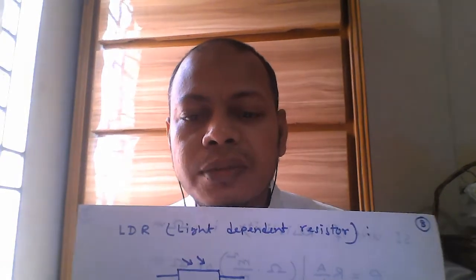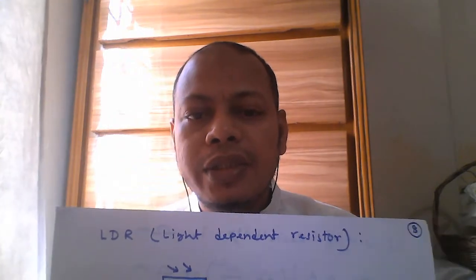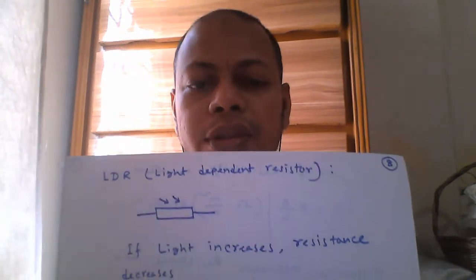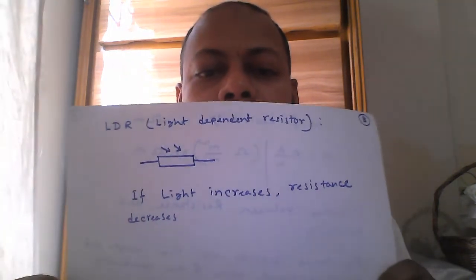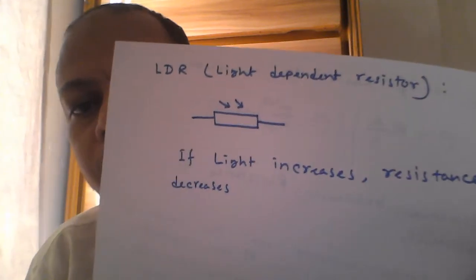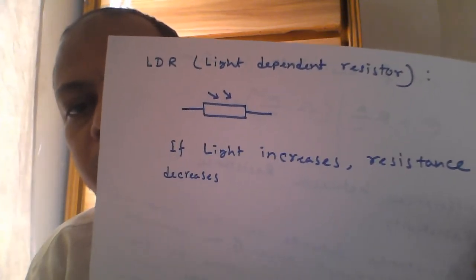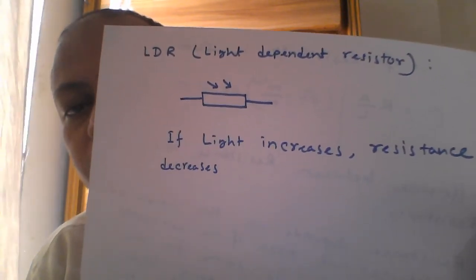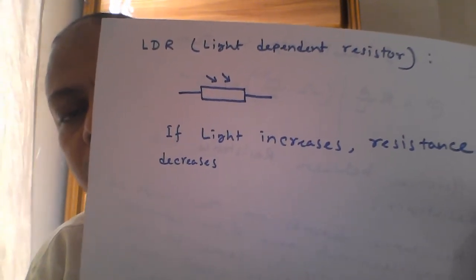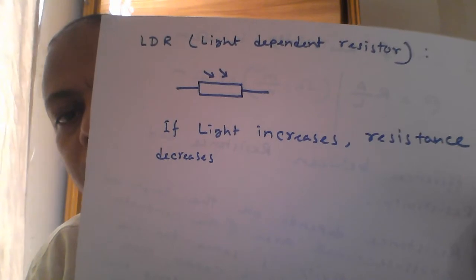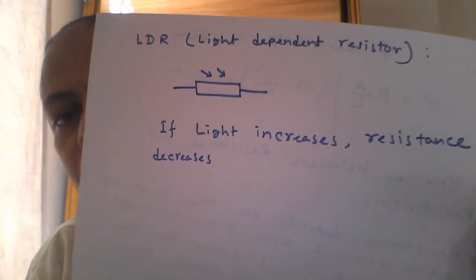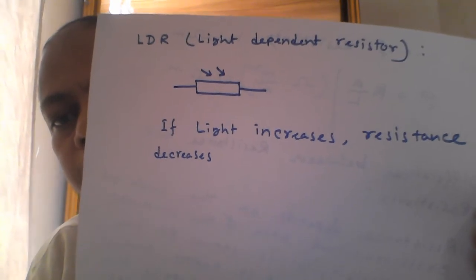Just you know the symbol and how it works, the basics only. Look here, I drew here the light dependent resistor symbol. It's very easy. First you have to draw one resistor, then you show two arrows towards the resistor, that is showing that it is light dependent.